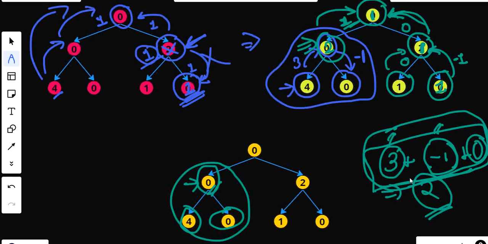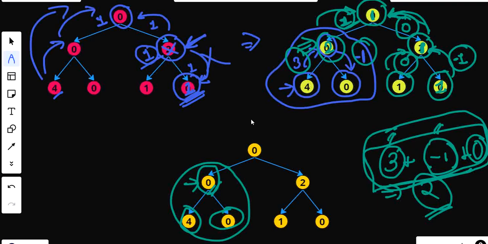So what are the number of moves that we made? The number of moves is nothing but the sum of these coins, or these demands, or these left and right node coin values. So if I sum up these values, I take absolute values, so -1 will not be kept as -1, it is going to be kept as 1.